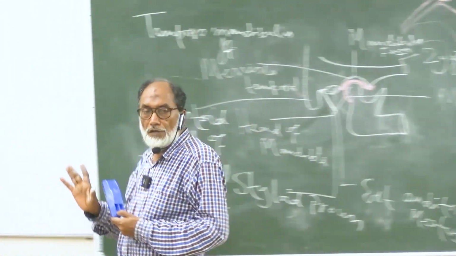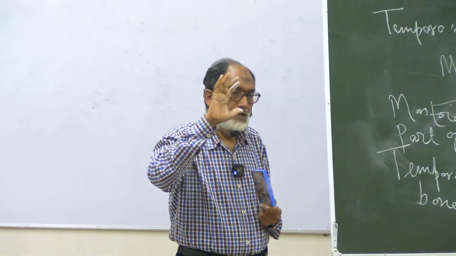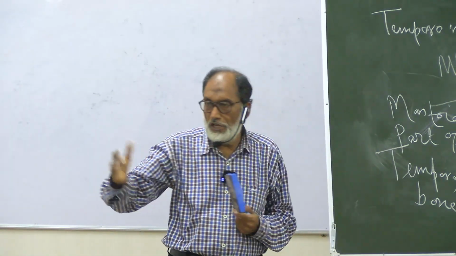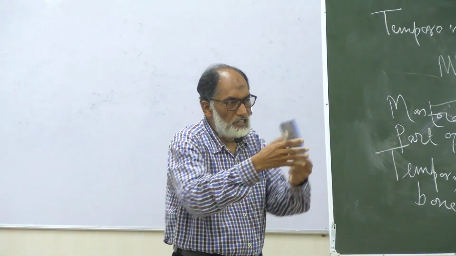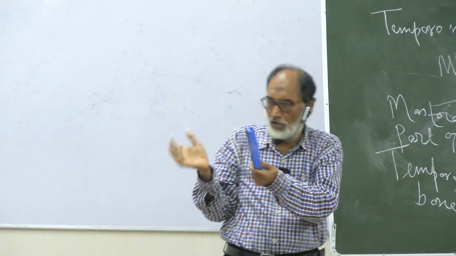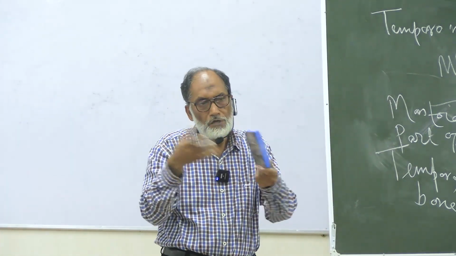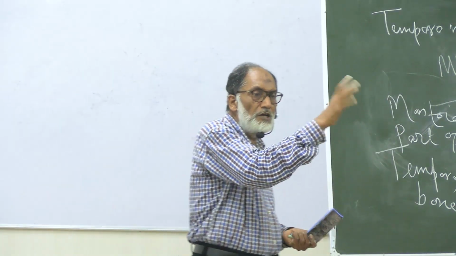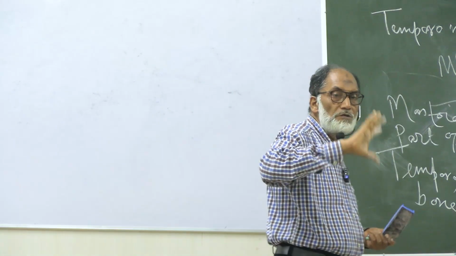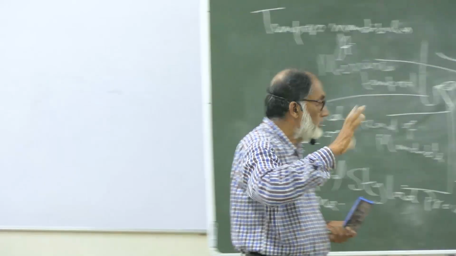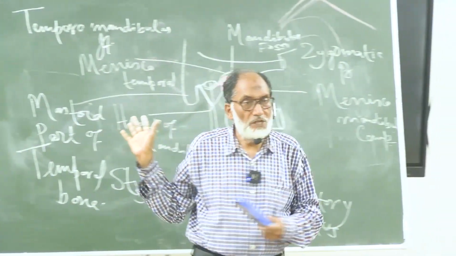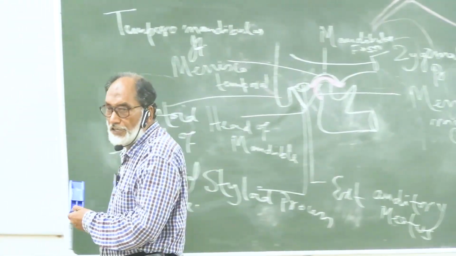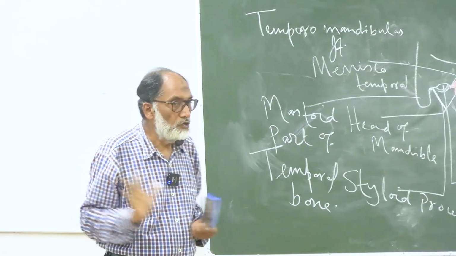Now, what are the ligaments? After describing the component parts of the joint and bony compartments, you have to describe the ligaments that are taking part in the formation of this joint.